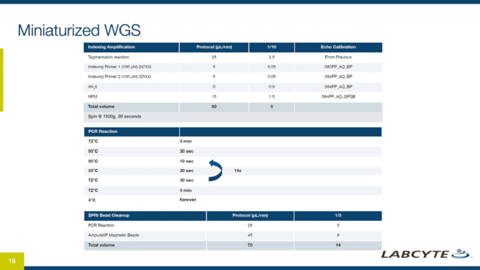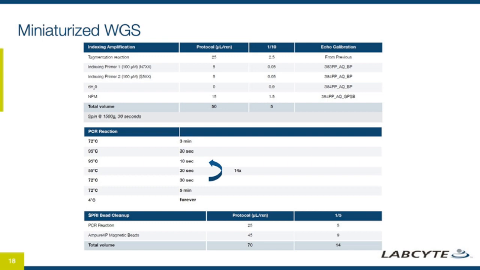Being able to accurately transfer 50 nanoliters is definitely a plus here. So we did a 14x cycling for our amplification, and then SPRI bead cleanup as follows below. Now, magnetic beads can be an expensive part of the workflow as well, and so being able to use much less of those, due to a reduced volume reaction, is also providing savings for the amount of beads that are used.